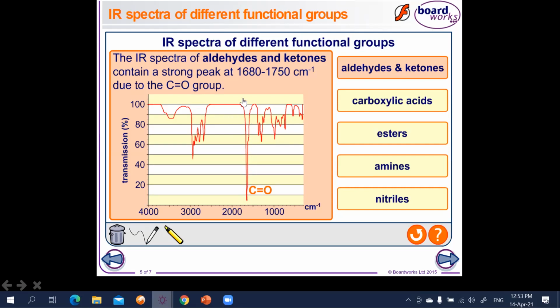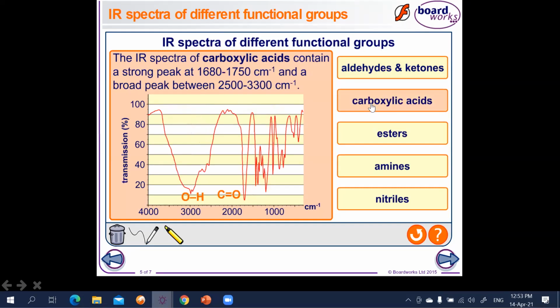It's very dramatic. It comes almost down the entire graph vertically, and it's only in a range around 1600 to 1700 something 1/centimeter. That would usually be your carbon-oxygen double bond, right?